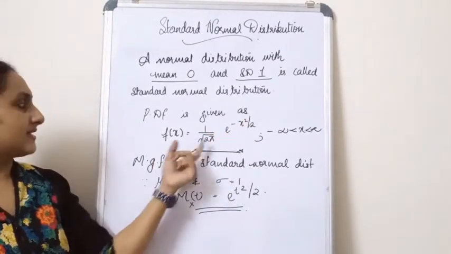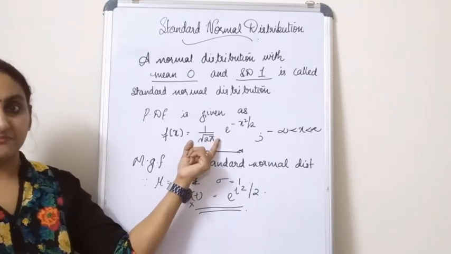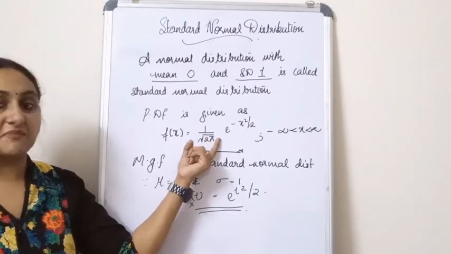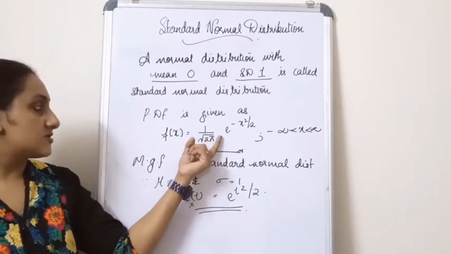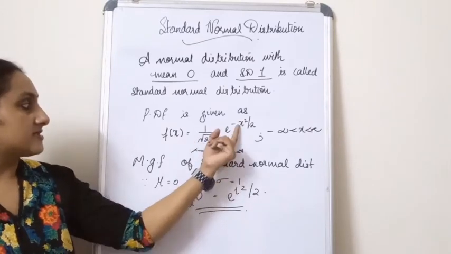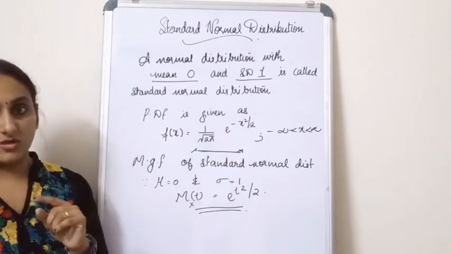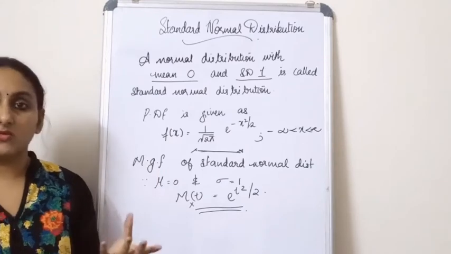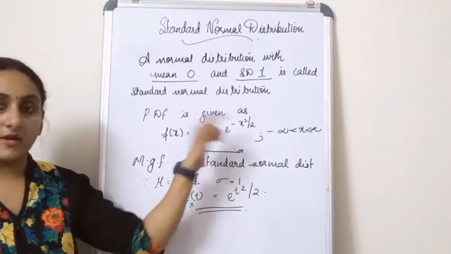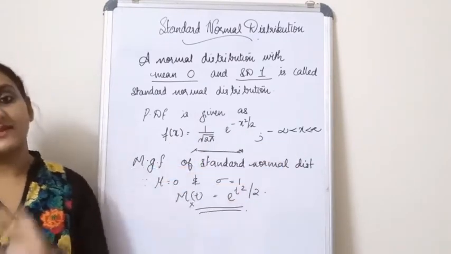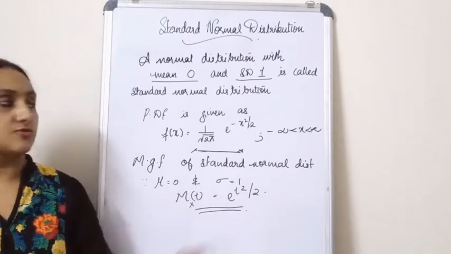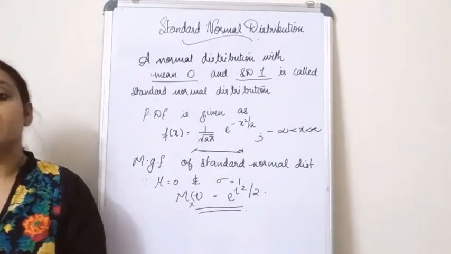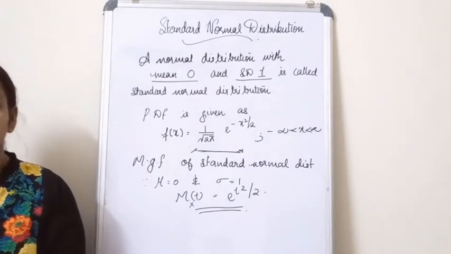In the case of normal distribution, it is 1 by root 2 pi sigma, e raised to minus x minus mu the whole square by 2 sigma square. Here sigma is 1, so sigma is not there, and mu is 0, so x square by 2. The range is the same as that of your normal distribution: minus infinity less than x less than infinity.